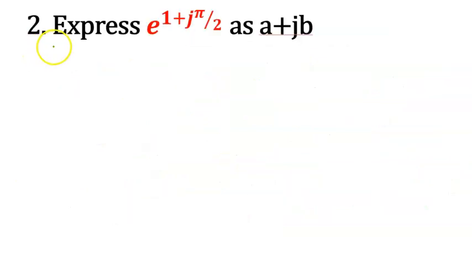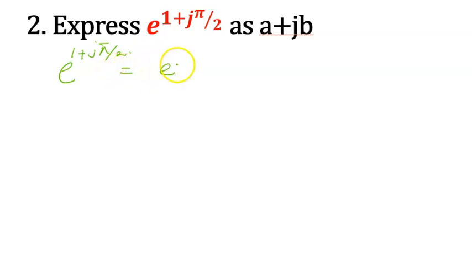Let's take my second example. Our second example wants us to convert, in this case, from exponential form to rectangular form. Here, we have e raised to power 1 plus j pi over 2. If you look at this closely, don't get confused with the 1 plus j in the indices.